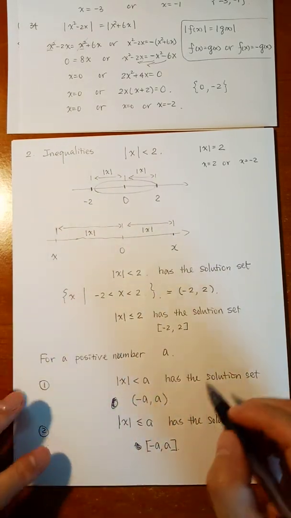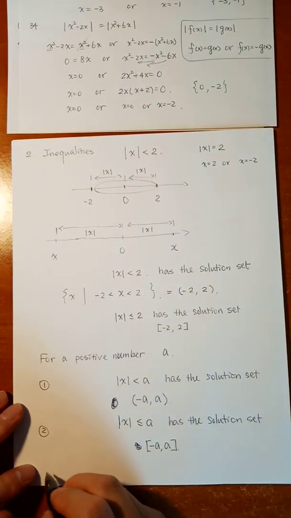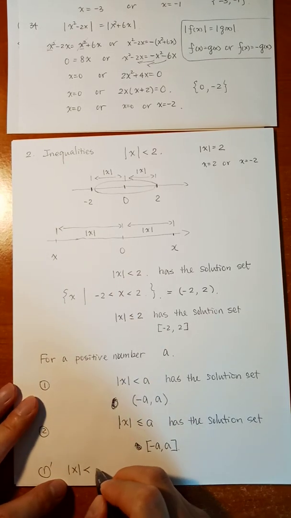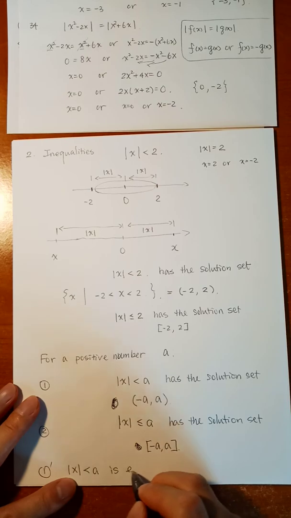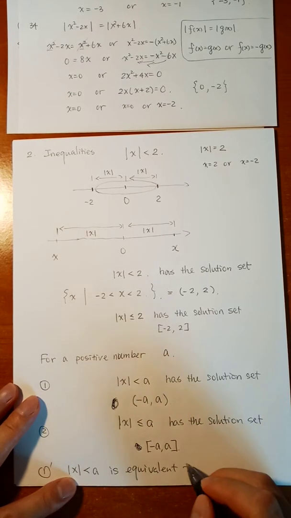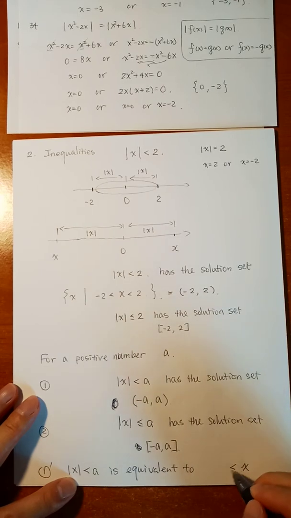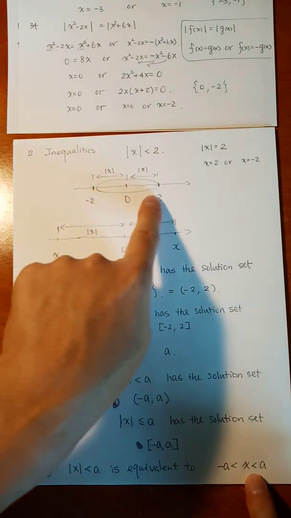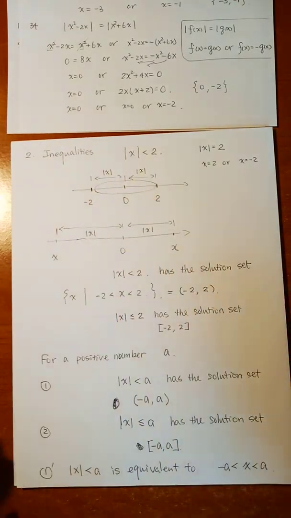In other words, we say 1 prime: absolute value of x less than a is equivalent to x between negative a and positive a. This condition will give us the solution set. That's another way to say it.